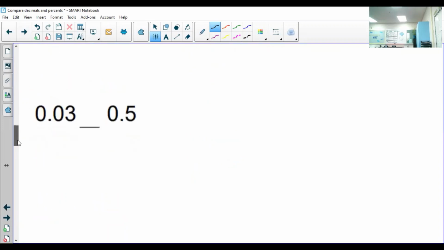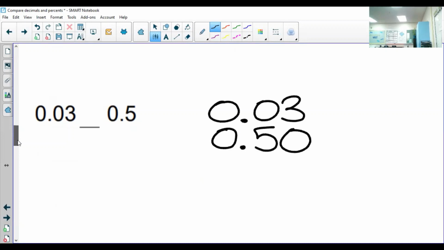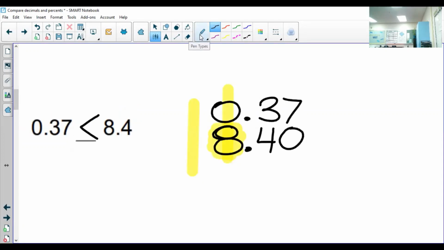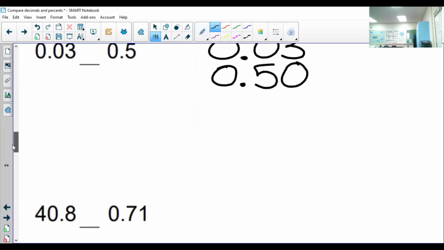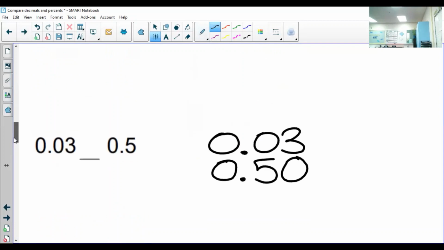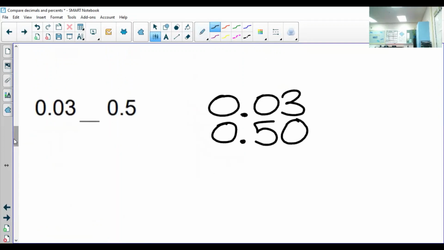Okay, let's do this one. We have 0 and 3/100 and 0 and 5/10. Oh, sorry, I did that kind of fast. Okay, so this is what my decimals are, and I'm going to fill this in with a 0. Fill that empty spot, okay?